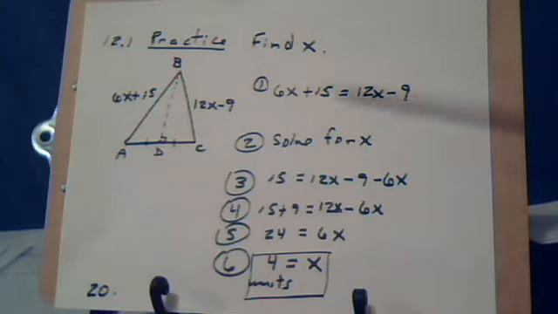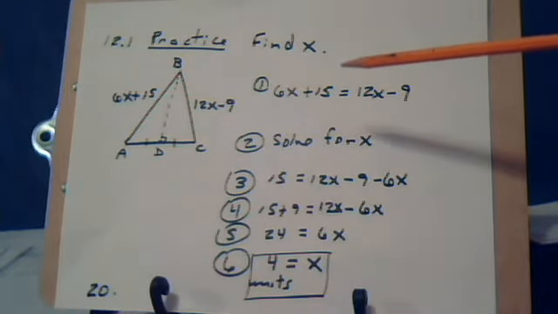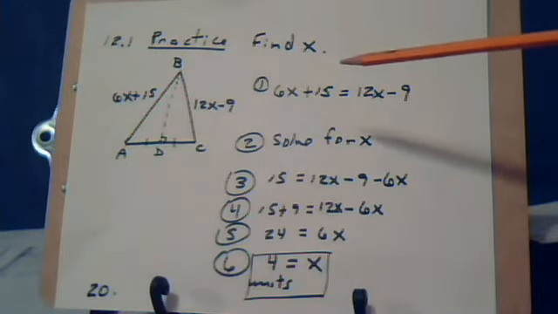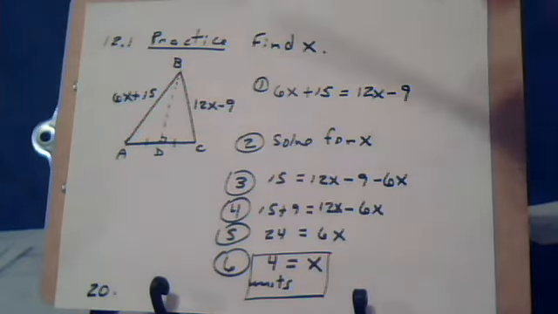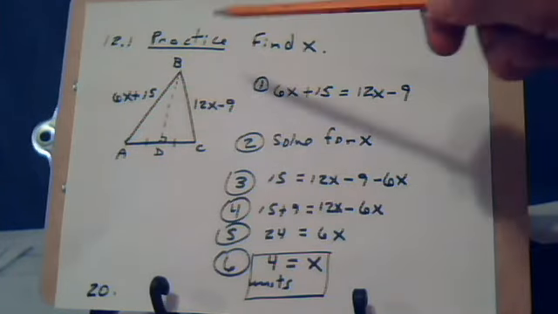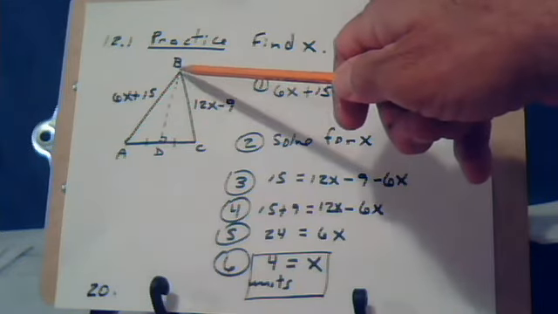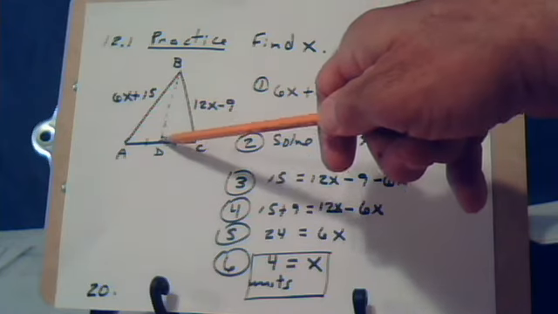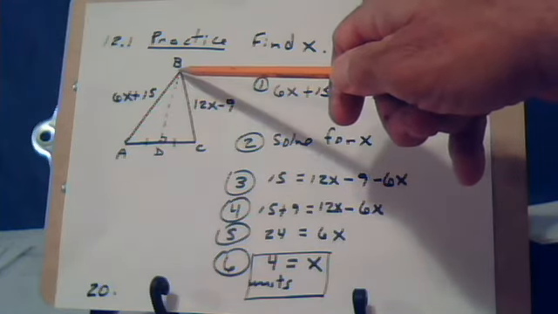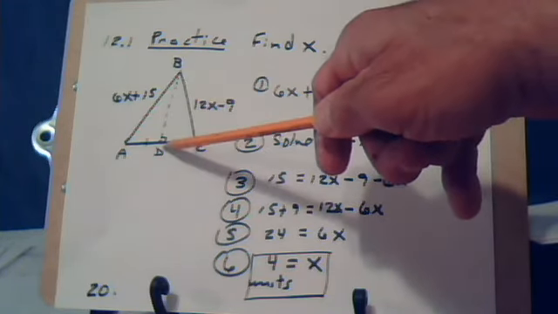So right here, this is a practice problem. We're going back to the isosceles triangle. And you might say, how do you know this is an isosceles triangle if I don't see 2 congruent sides? Because we have this segment going from a vertex to the opposite side perpendicularly, this would have to be a perpendicular bisector, right?